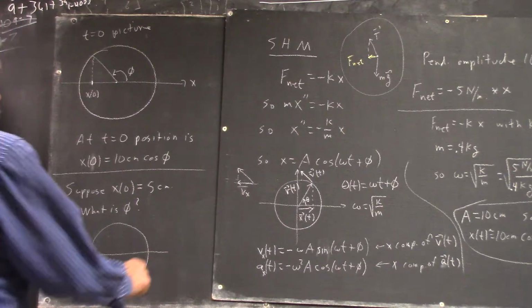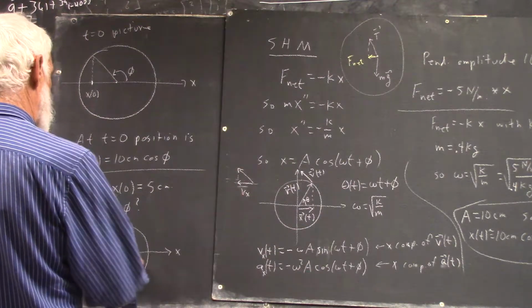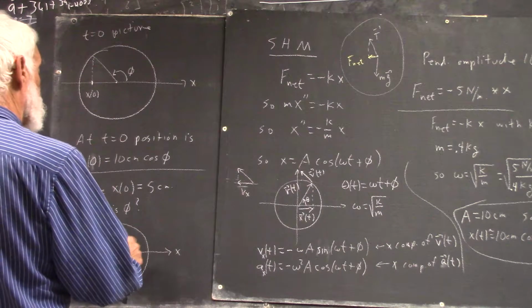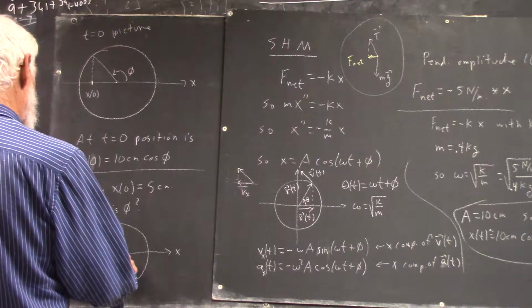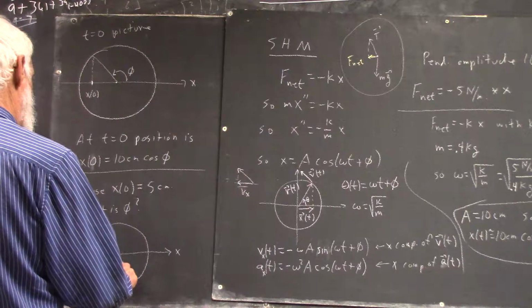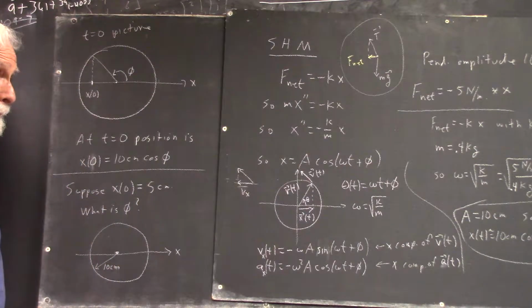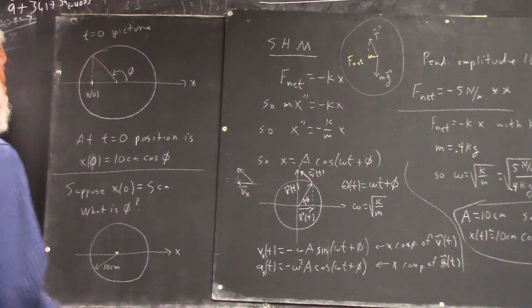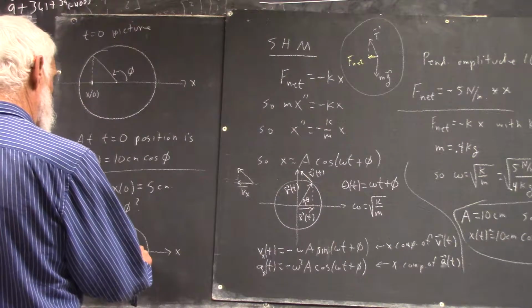Draw your reference circle picture. Here's your origin. The radius of the circle is 10 centimeters, right? Yeah. And x of 0 is 5 centimeters.